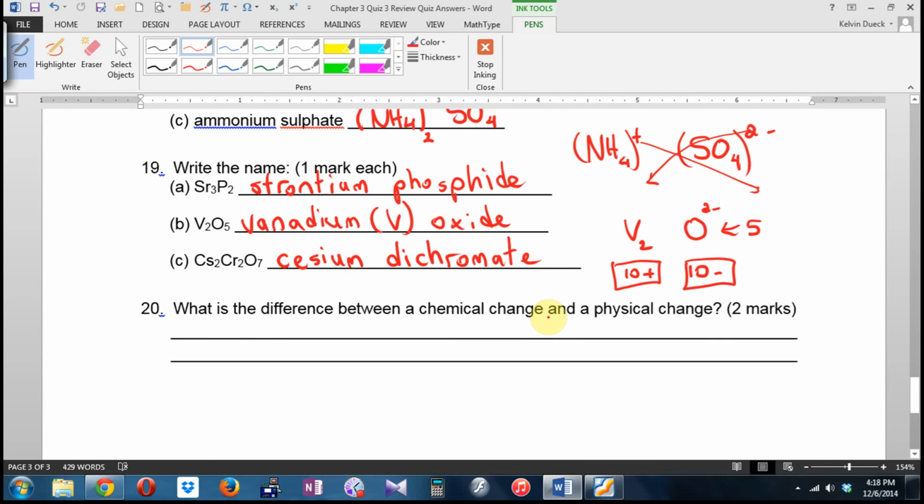What's the difference between a chemical change and a physical change? In a chemical change, something new is produced.